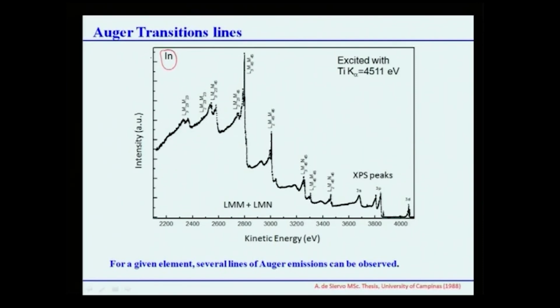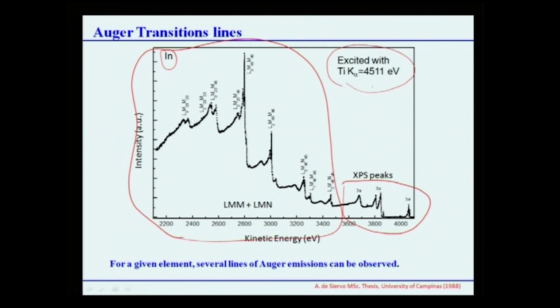You have both your XPS peaks and Auger peaks. Auger peaks will have less energy than the XPS, less than 3400 or 3500 eV, and XPS higher than 3600 eV, basically from 3s, 3p and 3d electron levels. This was done with excitation by titanium K alpha, which has an energy of 4511 electron volts.